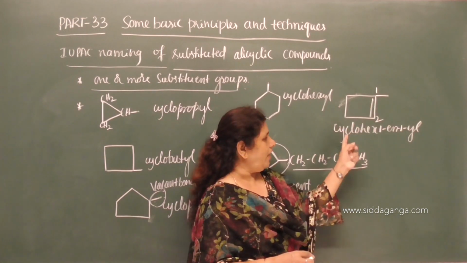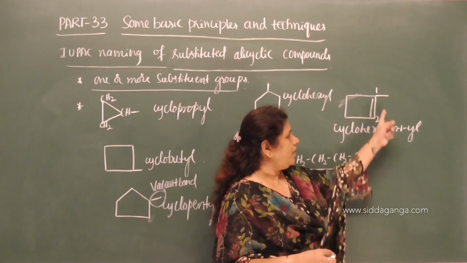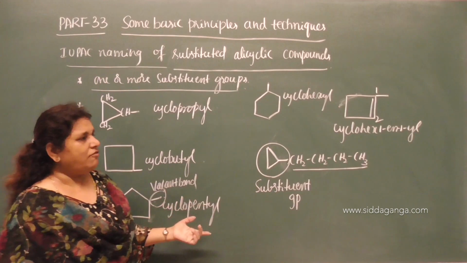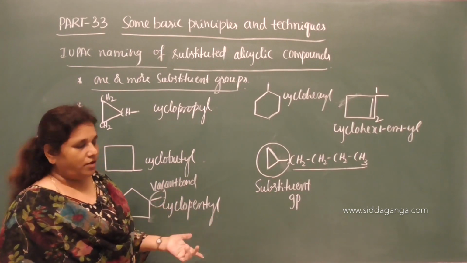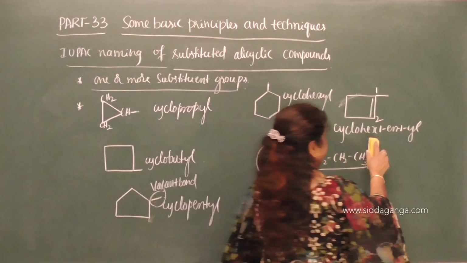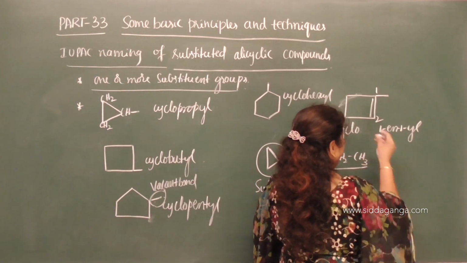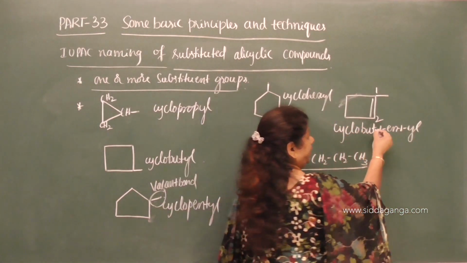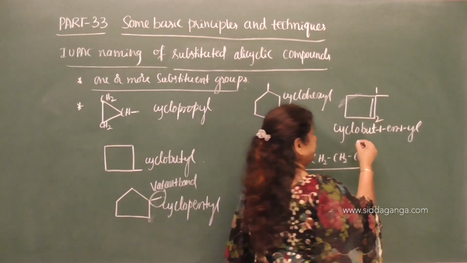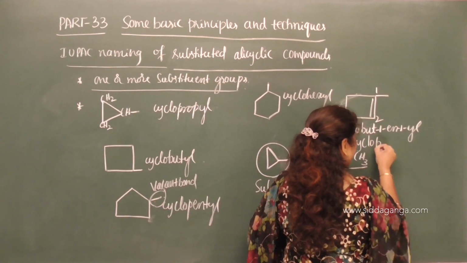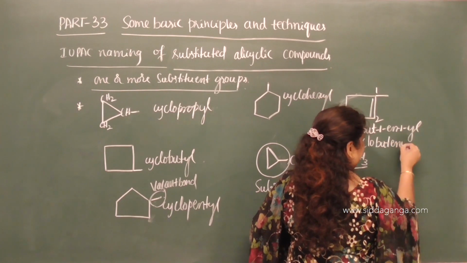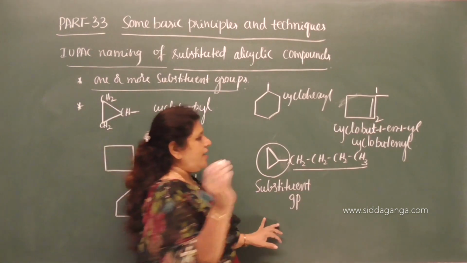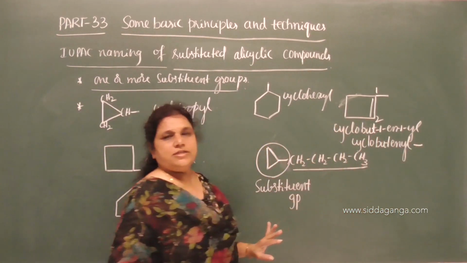Therefore it is cyclohex-1-en-1-yl. Sorry, it is butene, there are 4 carbon atoms. Cyclobut-1-en-1-yl, or you can write it as cyclobutenyl. Why is it butenyl? Because there is a double bond. Cyclobutenyl is the prefix for this substituent group.